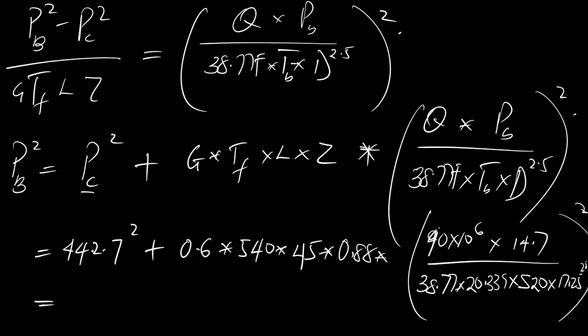No, this is not right because the result is not what I'm expecting. Let me just say, okay, 90 times 10 raised to power 6 times 14.7 divided by 38.77 divided by 20.339 divided by 520 divided by 17.25 raised to power 2.5.